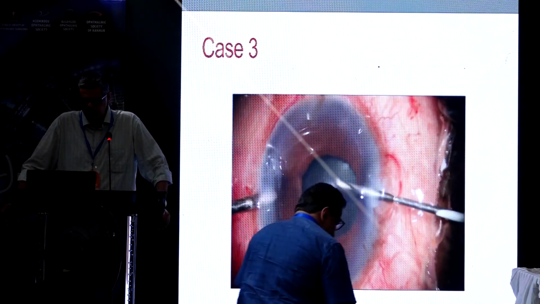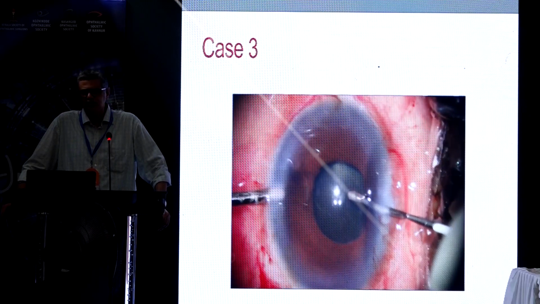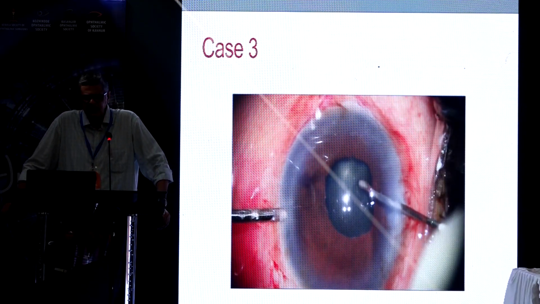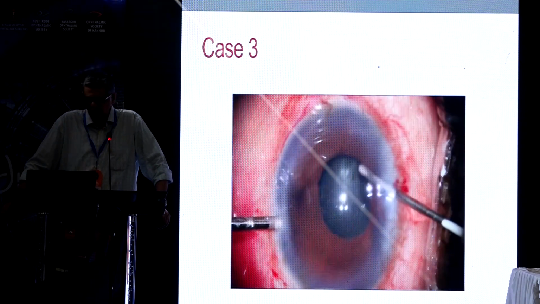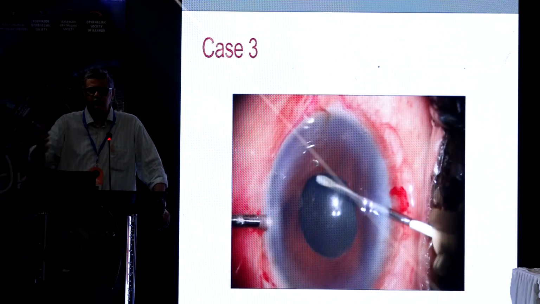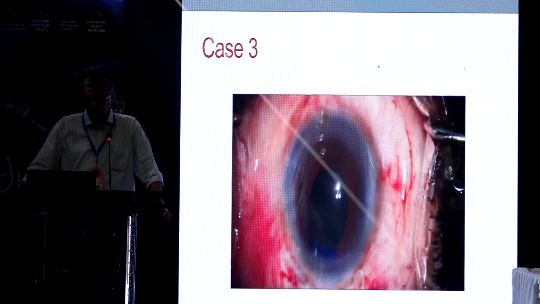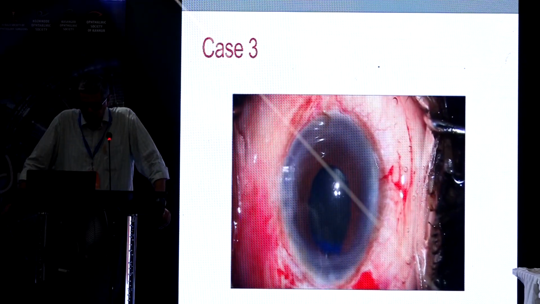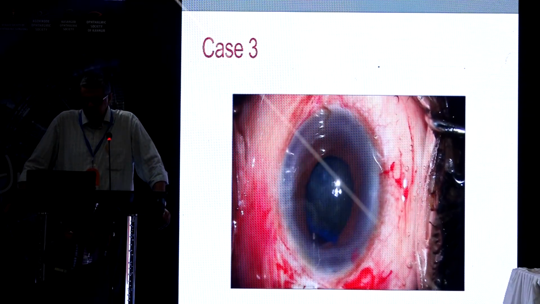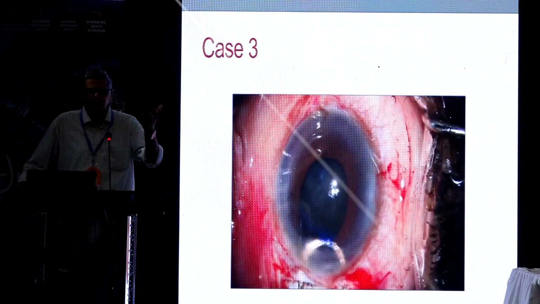So I was not very keen on doing a phacoemulsification for this, because the specular count was also quite less, which is quite often seen in patients with pseudoexfoliation. So the moment I started doing the rhexis, the entire bag was moving, and I decided to convert. Here I did a temporal tunnel, and you can see very easily you can lift, because the zonules are very weak.